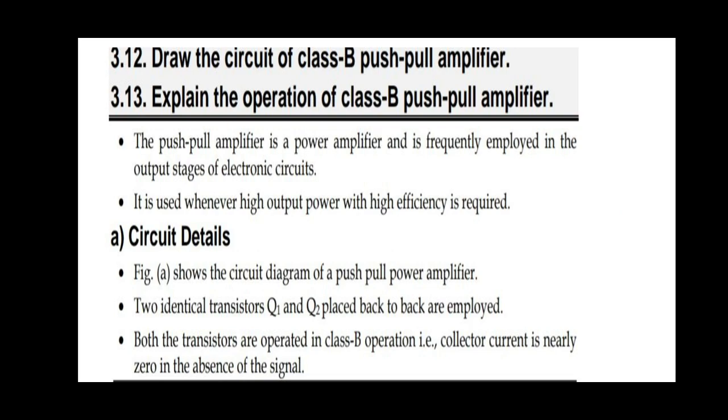In order to obtain high output power at high efficiency, a push-pull arrangement is used in the output stage. The push-pull power amplifier is frequently used in the output stage of electronic circuits. In this arrangement we employ two transistors in class B operation.